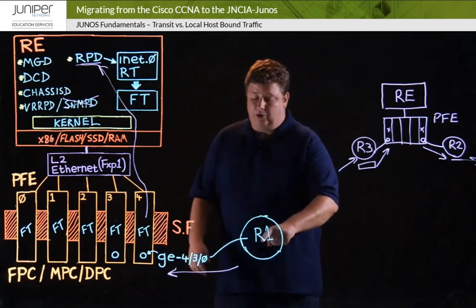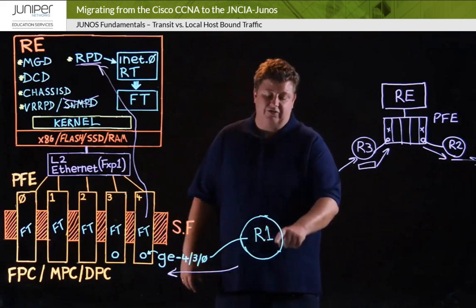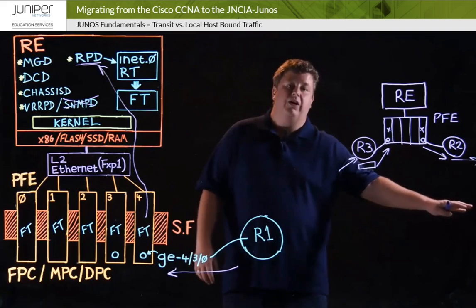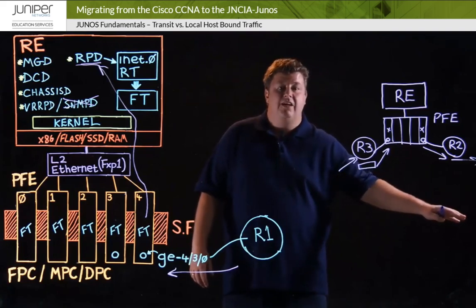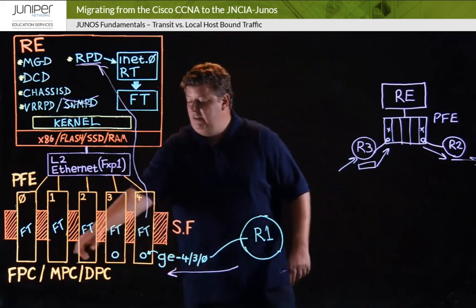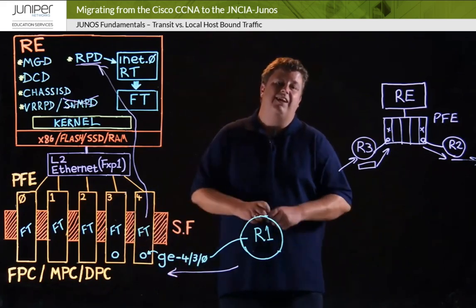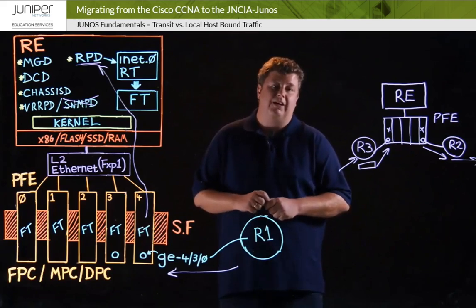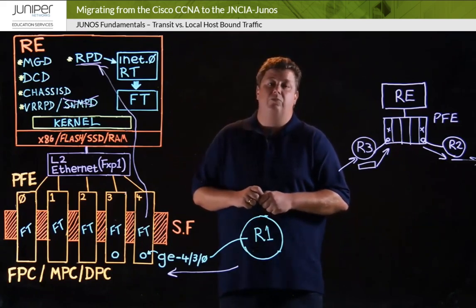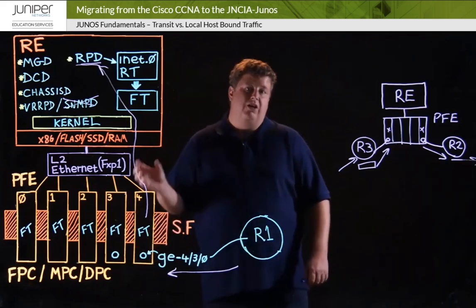It could be a lot simpler. It doesn't have to be some protocol neighbor we could be considering here. What about if I launch an SSH from R1 or from somewhere deeper in the network? SSH, Telnet, FTP, our packet will be routed towards our system, arriving on any of these line cards that we're connected to, and a forwarding table lookup determines that the destination IP address of that SSH packet is one of the IP addresses owned by the box. It doesn't matter if it's the IP address specifically configured here. It could be a loopback address.